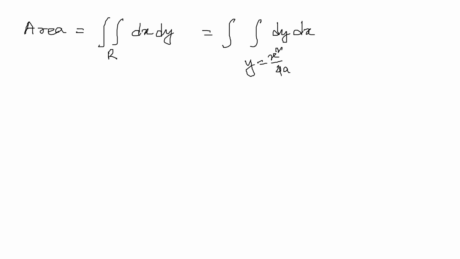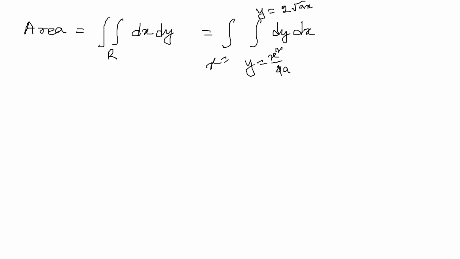What is the upper curve of that strip? We get y is equal to 2 root ax. Here we get plus or minus, but we consider only the positive one because that region is given in the first quadrant. That's why I am considering only the plus.